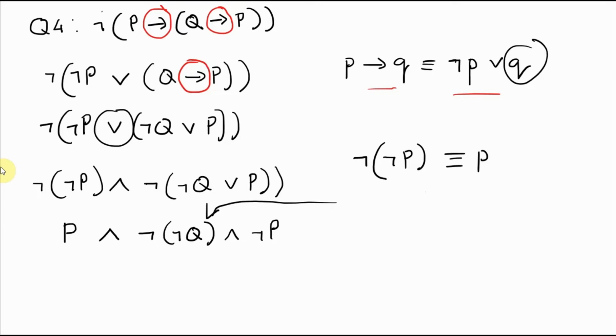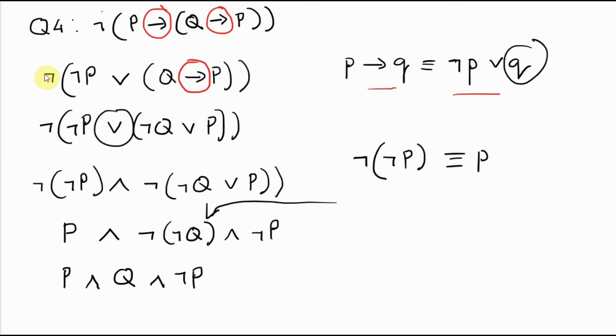The not of not Q is a double negation, which means our compound proposition becomes P and Q and not P. This is the most simplified version we have right now.